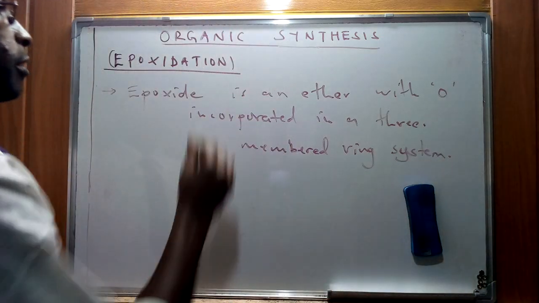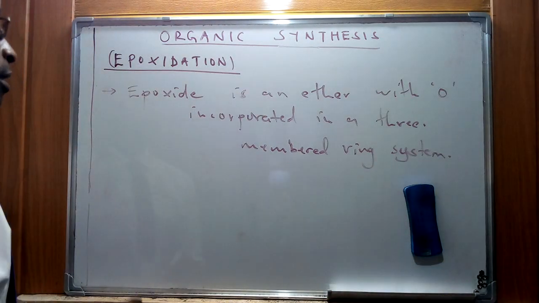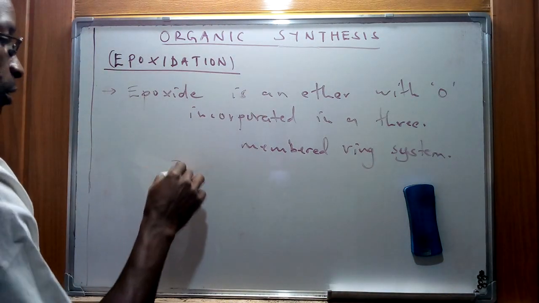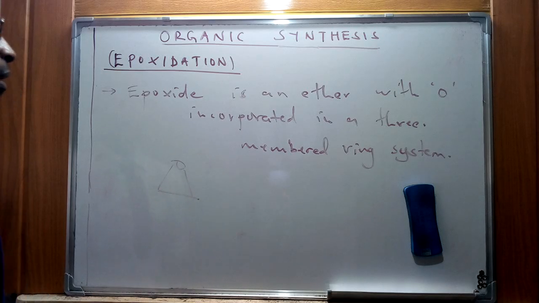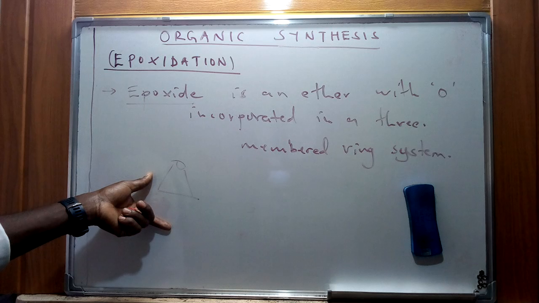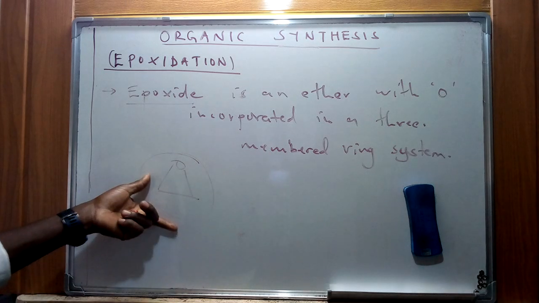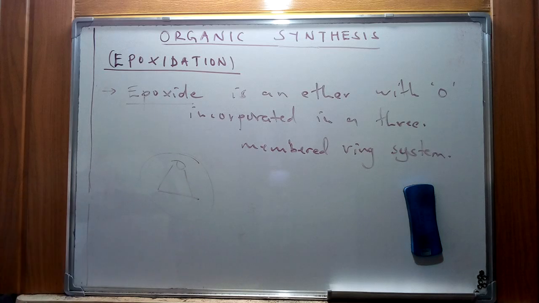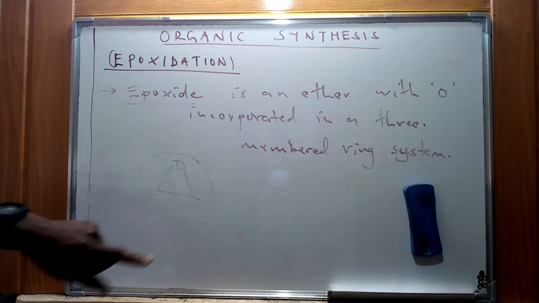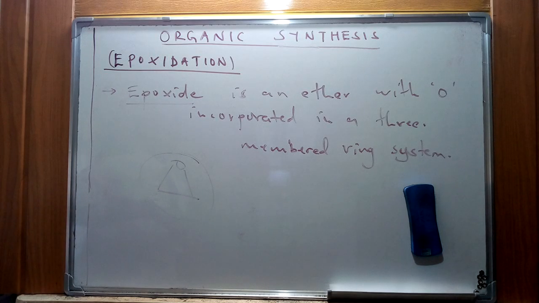So in this case we are going to expect a cyclic compound of this specific nature wherever we're talking about the concept of what we refer to as an epoxide. We're going to see different variations of this particular case, which is going to appear in the form of a three-member ring system that is containing oxygen.